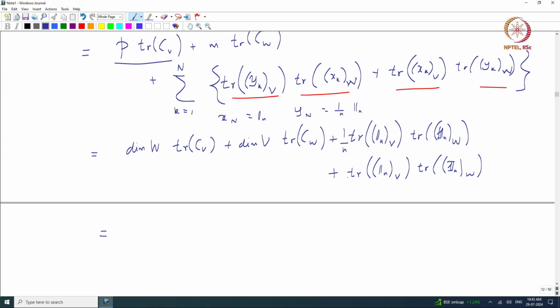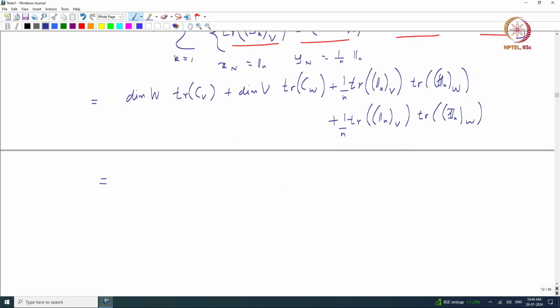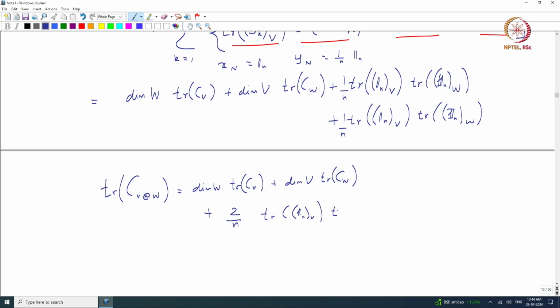So, you get 1 by n here and 1 by n here. If you put them together, you can see that the trace of C_{V⊗W} is given by dimension W trace CV plus dimension V trace CW plus 2 divided by n times the trace of the identity on V times the trace of the identity acting on W.